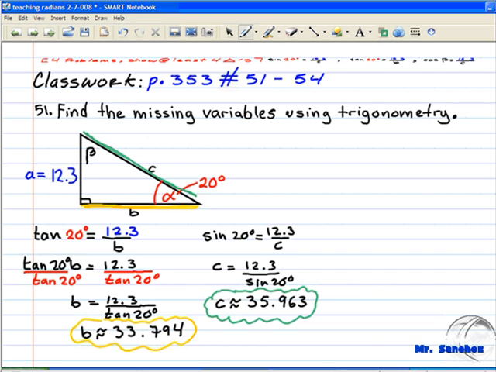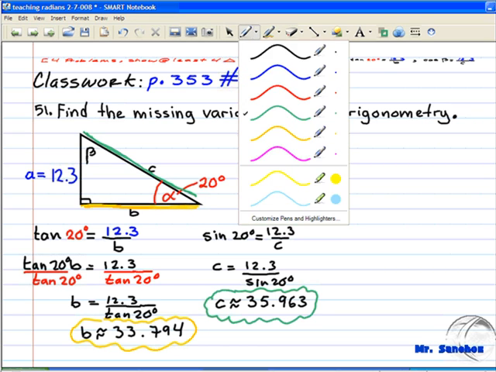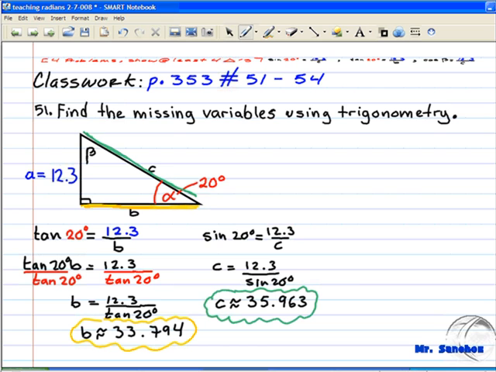So we have used tangent, we have used sine. To find beta, we're going to use cosine. From beta's perspective, b is the opposite.